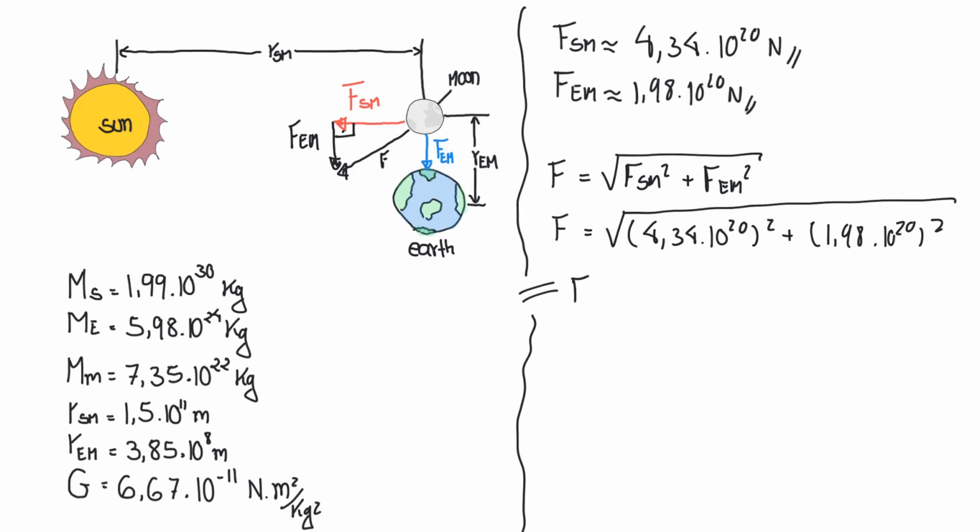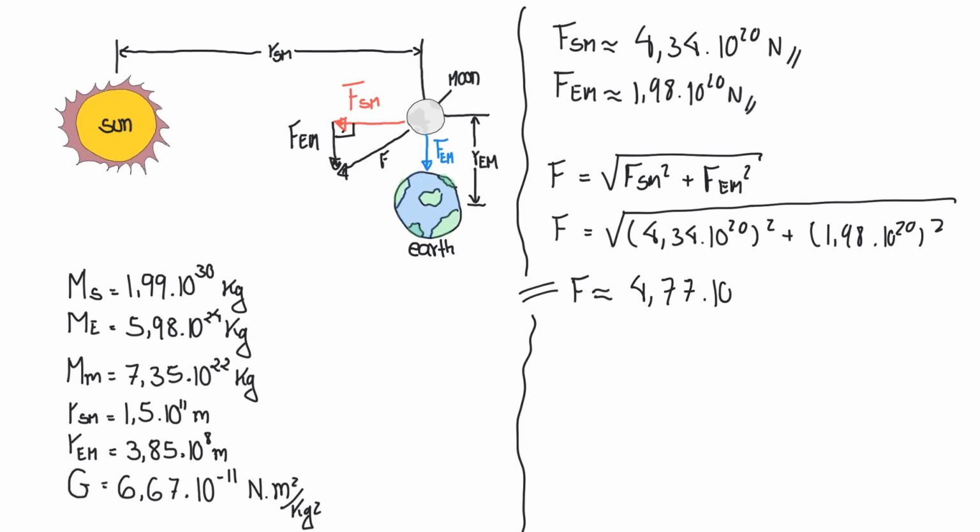And this gives a resulting gravitational force with a magnitude of approximately 4.77 times 10 to the 20 newtons.